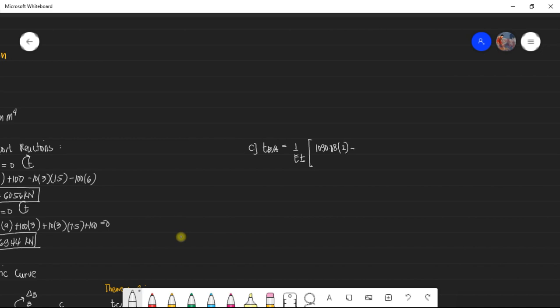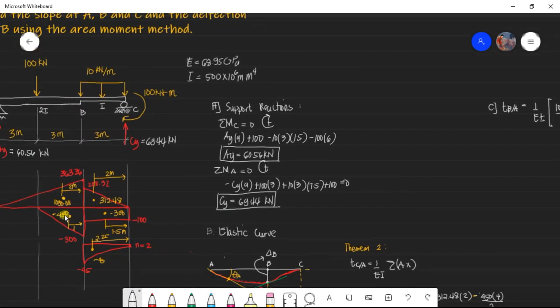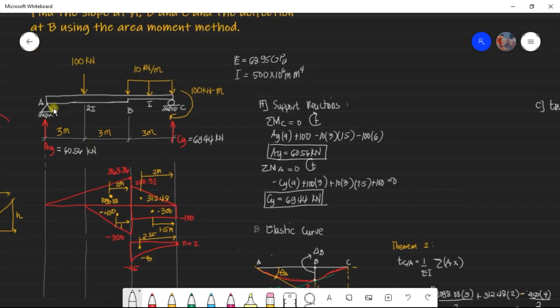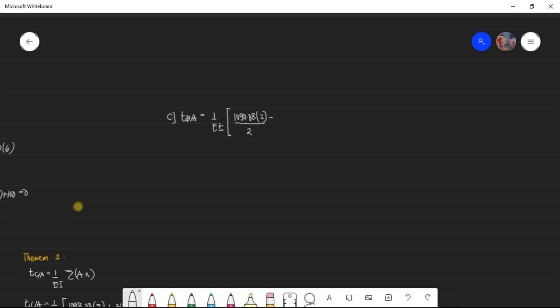Okay? And then minus, take note, the EI here is 2 EI. And then this area is 450, from A to B only. Okay? So, 450 times 1.